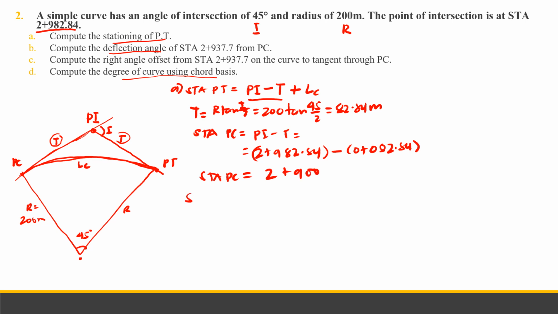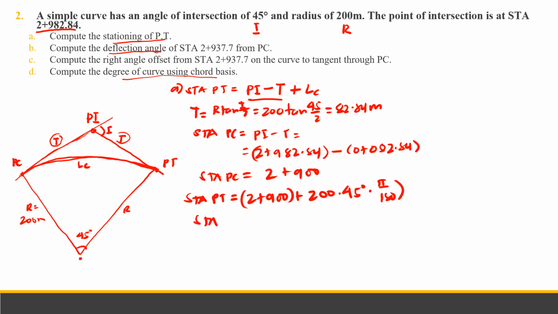Okay, so finally, stationing ng PT is equal to stationing ng PC, which is 2 plus 900, plus the length of curve. So length of curve is the radius times the central angle times pi over 180.